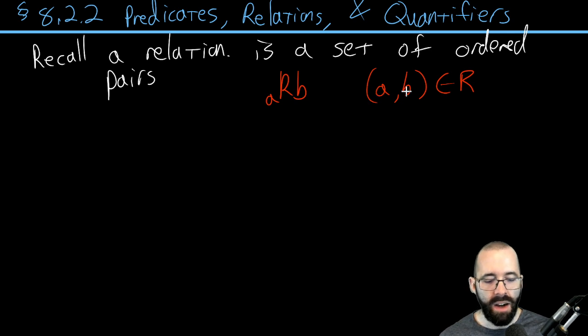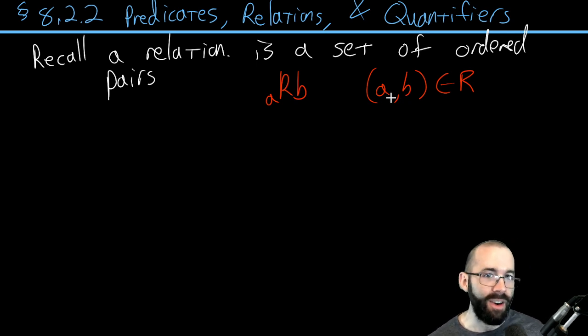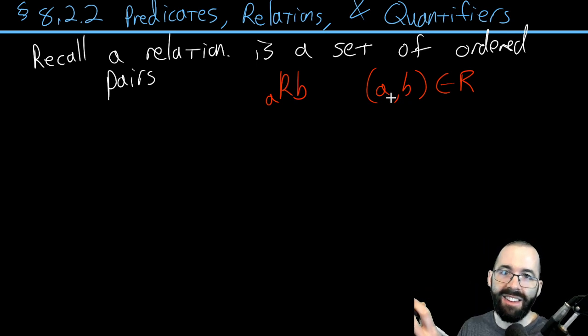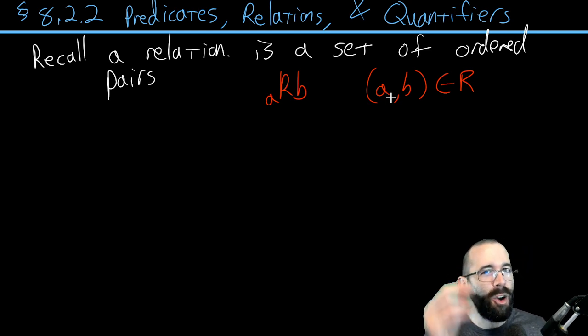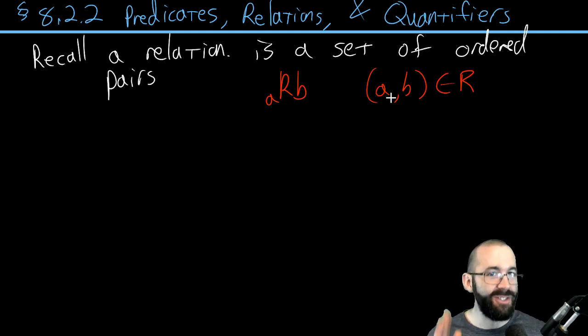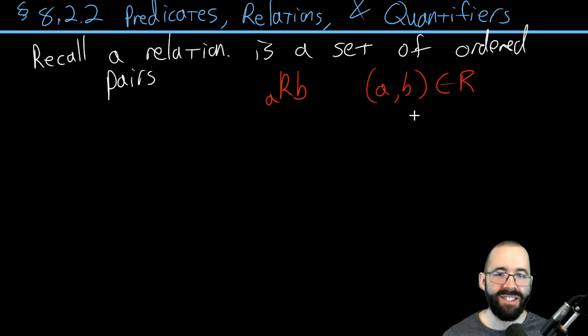It could be A, comma, B, comma, C, or A, comma, B, comma, C, comma, D. It could be as many as at once. It just has to be the Cartesian product, remember, of the domain and the codomain. But the domain could actually be a Cartesian product itself. So anyway, I won't dive down into that too much, but relations are sets of ordered pairs.